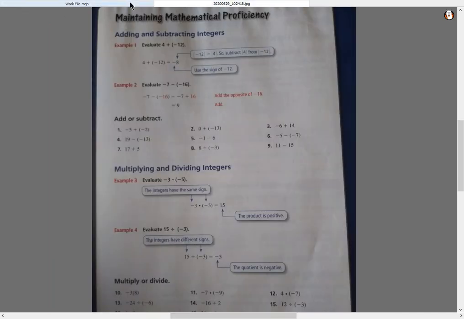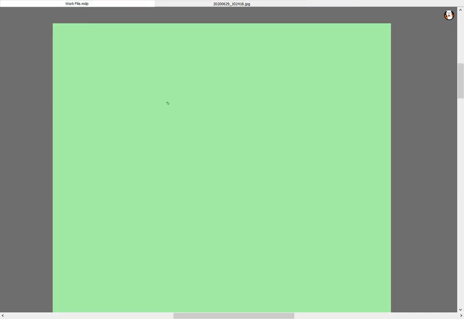Then we have 11 minus 15. Okay, so same thing. I go, ooh, subtraction, not a fan. Let's change it to add negative. Then we're going to compare the signs, right? We have a positive and we have a negative.